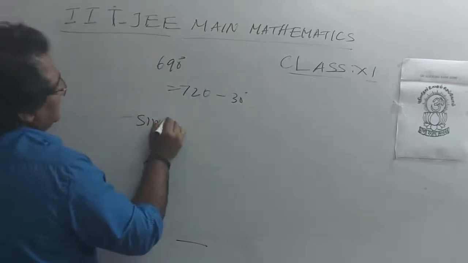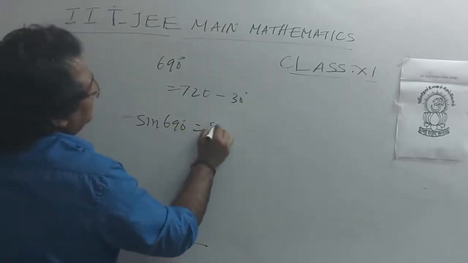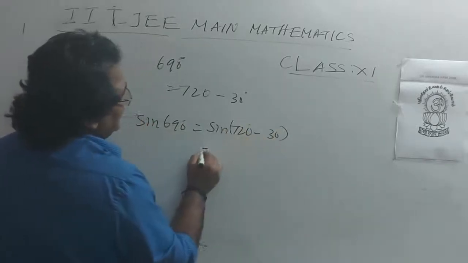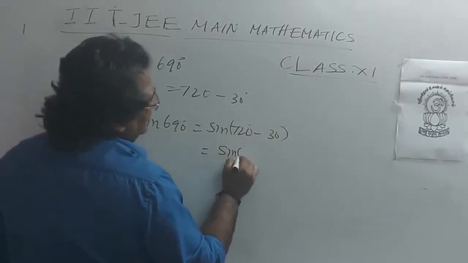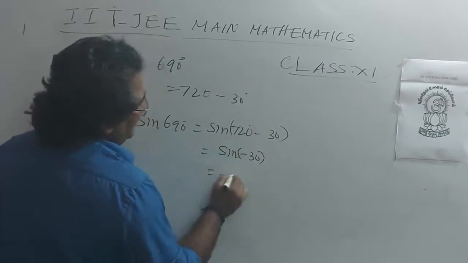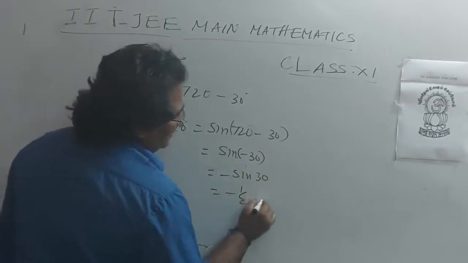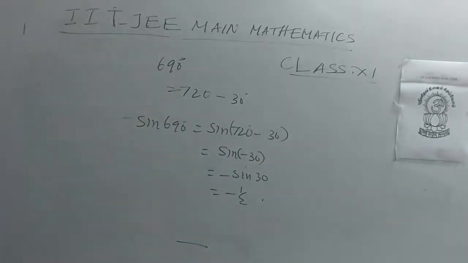So sin 690 degree equal to sin of 720 degree minus 30. That is minus theta, that is sin of minus 30. That is minus sin 30, minus 1 by 2. That's it. So like that you can calculate.